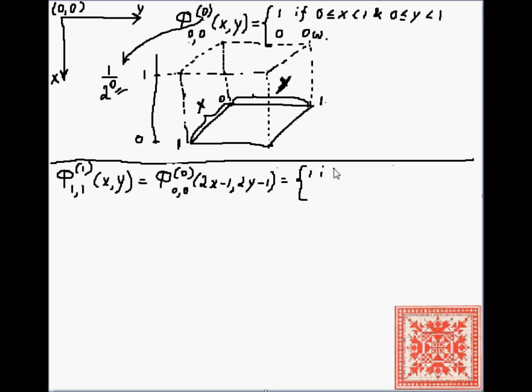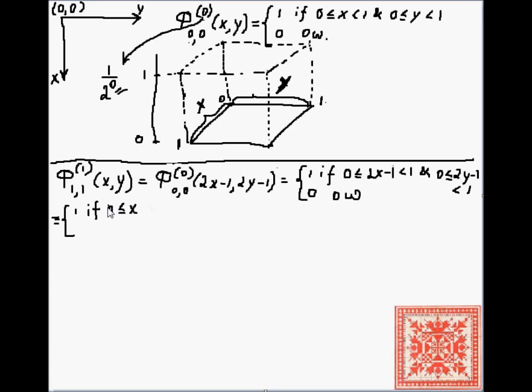This comes out to be 1 if 2x minus 1 is strictly less than 1 and greater than or equal to 0, and 2y minus 1 is greater than or equal to 0 and strictly less than 1, and 0 everywhere else.